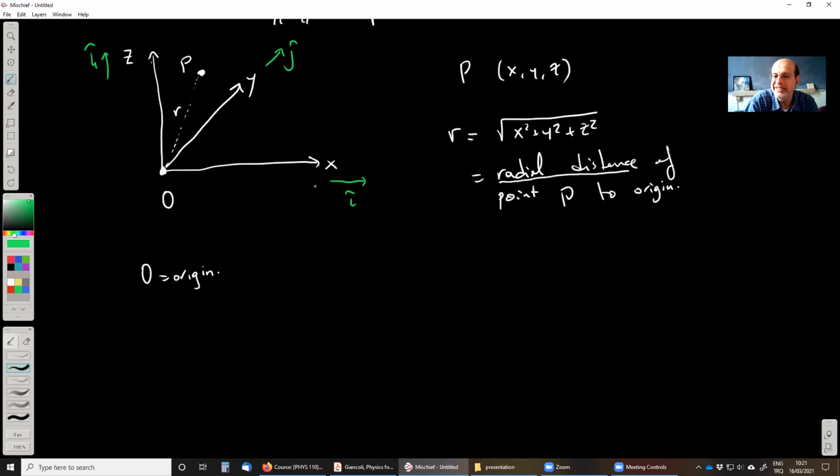We have used these unit vectors a lot in the past for expressing vectors. I'm just going to introduce this fourth unit vector in here. That's the radial unit vector. Let me write it down like that. I'm going to switch to white color again. So this is the radial unit vector.